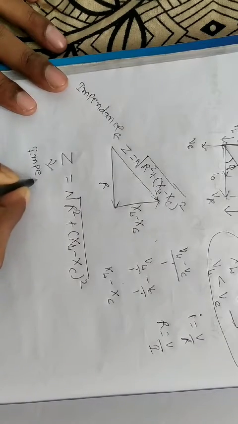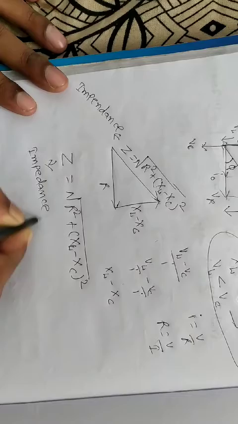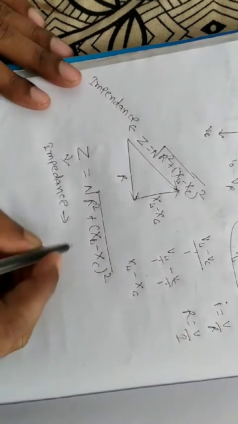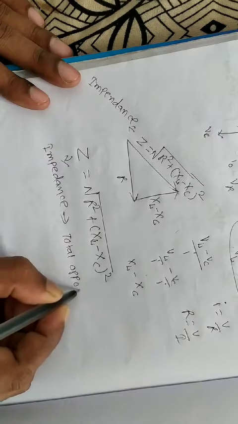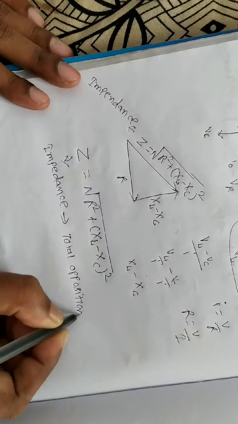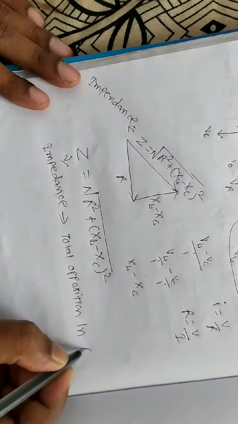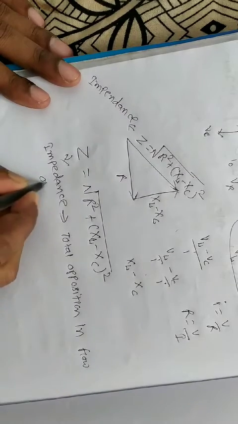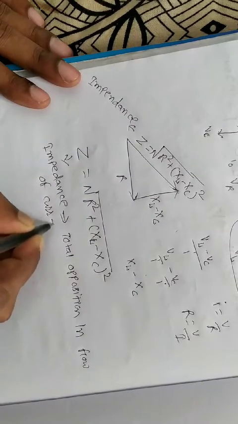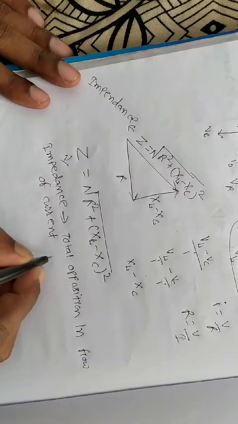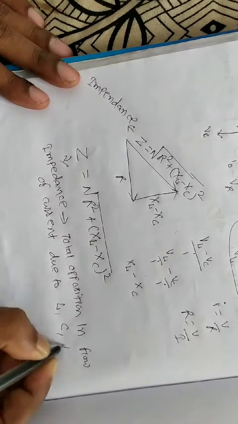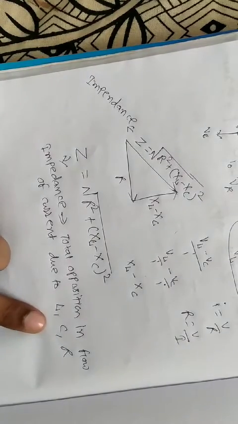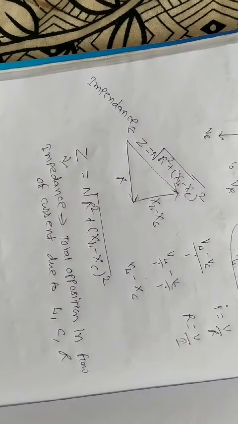Impedance is the total opposition in the flow of current due to L, C, R, that means due to inductor, capacitor and resistor.